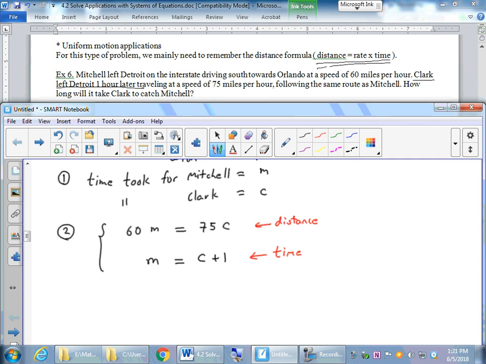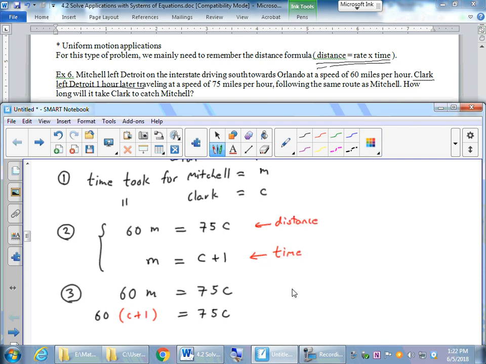So that gives us how long it takes, the time, set up on the time. Now we can solve this by the substitution method. Substitute back into the first equation, 60m is equal to 75c, and we're going to replace m with c plus 1, so that becomes 60 times (c plus 1) equal to 75c.